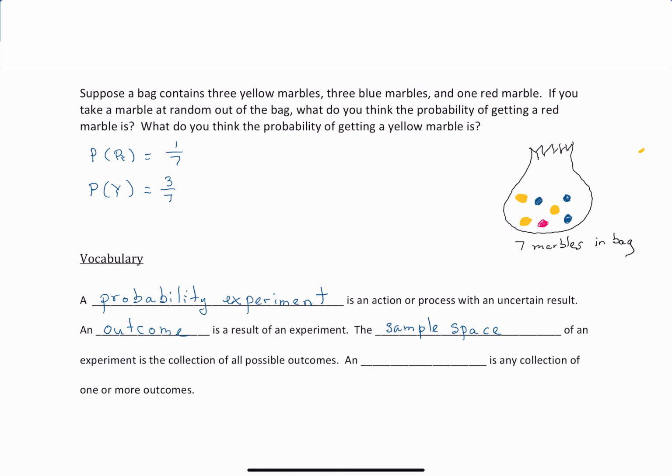So that would be the collection of outcomes yellow, blue, red for us. Last, an event is any collection of 1 or more outcomes. So getting a red marble, that's an event, also an outcome. An event that would not be a simple outcome would be something like getting a yellow or a blue. So that's like 2 outcomes put together. That's an event.